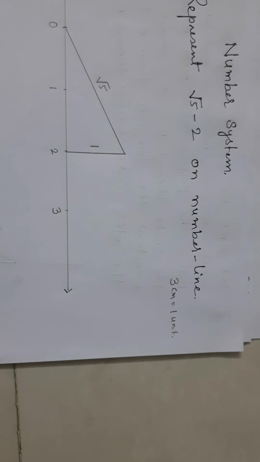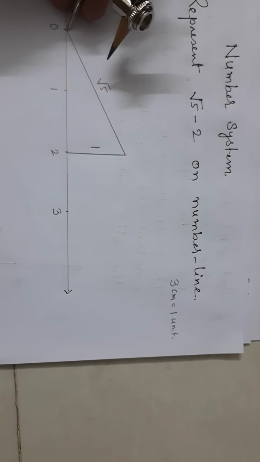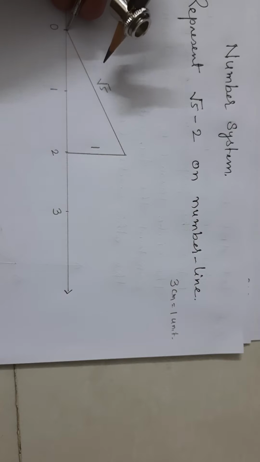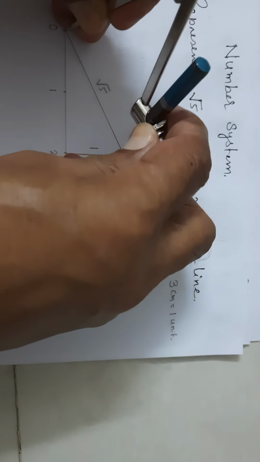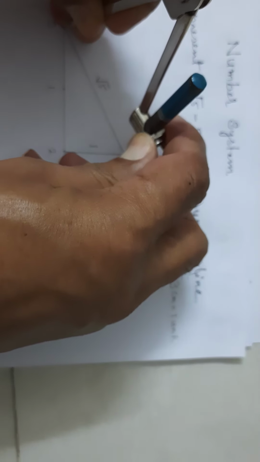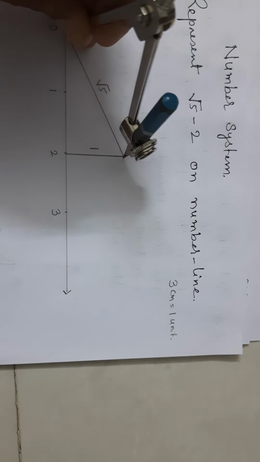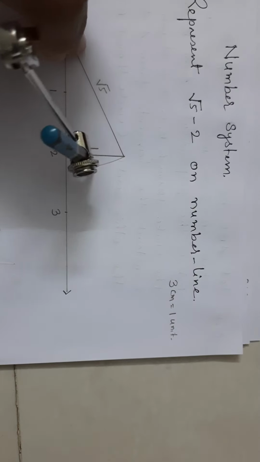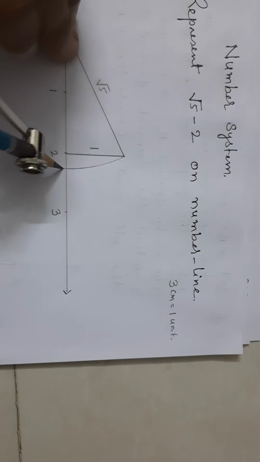This is root 5. Now that root 5, I am taking it on number line. Obviously that root 5 has to be extended on the number line. So from here, I will take it on number line.